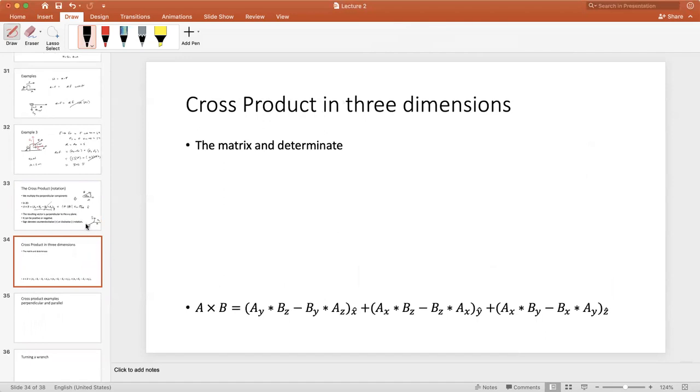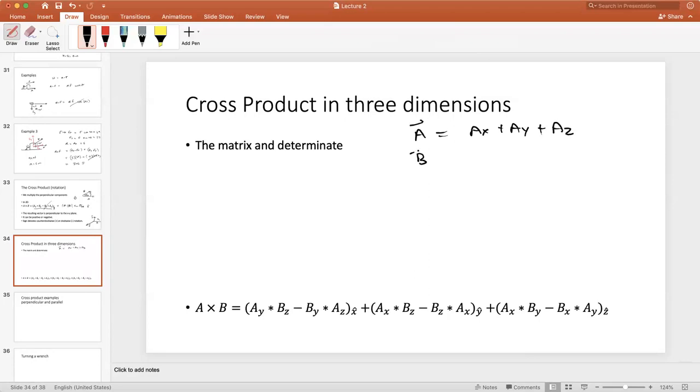So the cross product actually comes from something called a determinant of a matrix of the 2 vectors. If you have A is a vector with AX and AY and AZ, and B actually has 3 components as well.